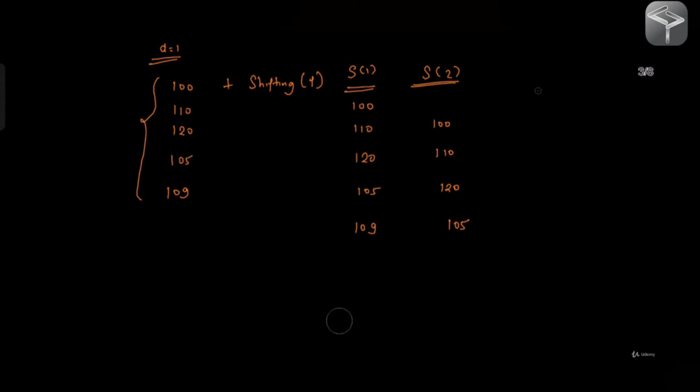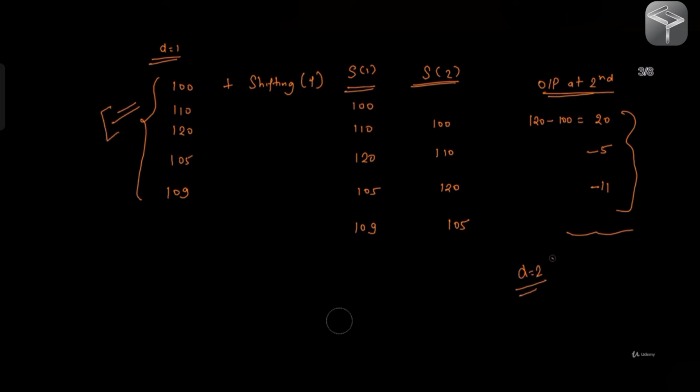The output at second level subtraction is 120 minus 100, which gives 20, then close to minus 5, and close to minus 11. Now you observe you don't have any trend in your data. So the D value for this entire data is exactly 2, which we pass to our ARIMA model to do predictions with respect to date and time.